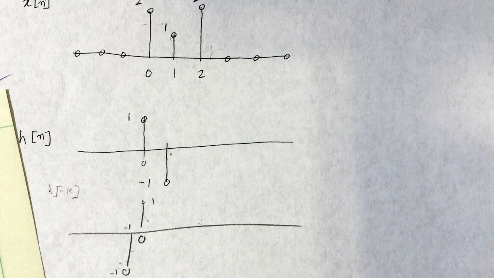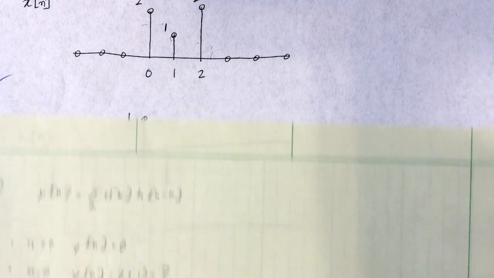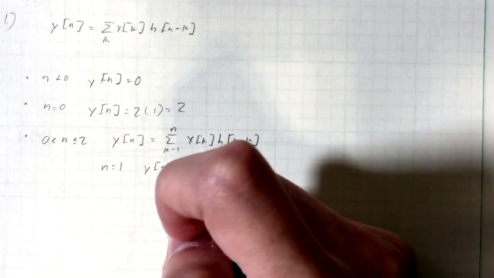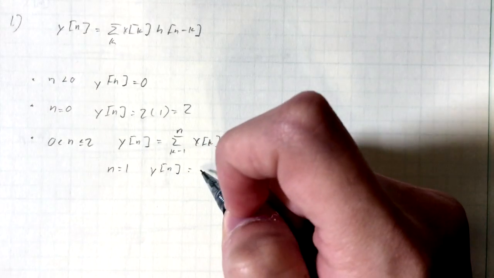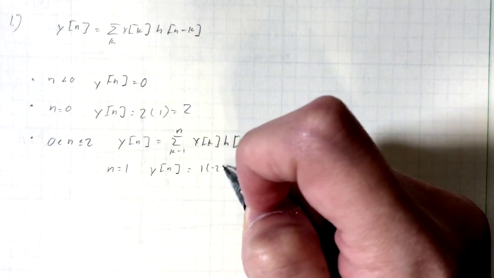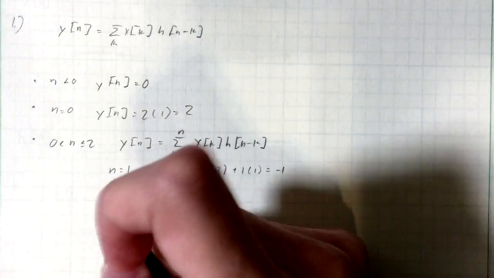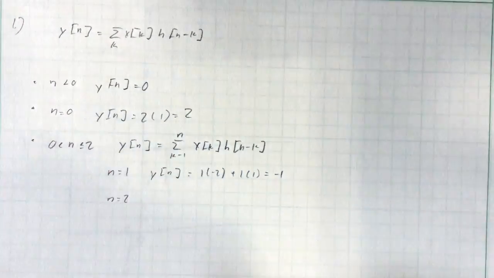When we add those together, that gives us negative 1. So when n is equal to 1, y of n equals 1 times 1 plus 2 times negative 1, which is negative 1.